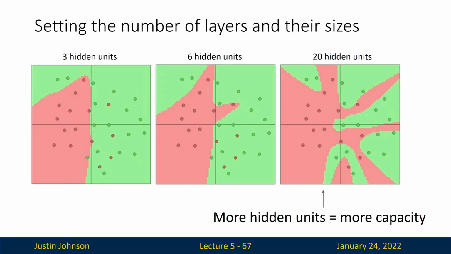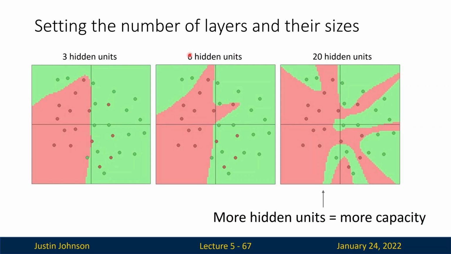Okay, so let's see some examples. Say we have 3 hidden units. Then we will get the decision region like this one.